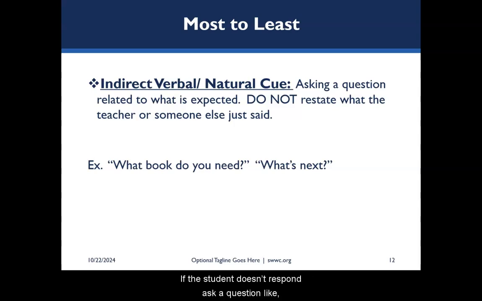If the student doesn't respond, ask a question like, "What book should you take out?" or "What's next?" This type of prompt holds the student accountable to listening to the first prompt given. We don't want the student to ignore the teacher and become dependent on the other adult in the room. Ask questions instead of being a broken record.